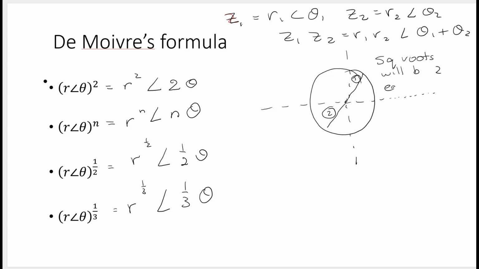They're equally spaced. It depends whether we're talking radians or degrees, either 360 divided by 2 or 2 pi divided by 2, so 180 or pi.